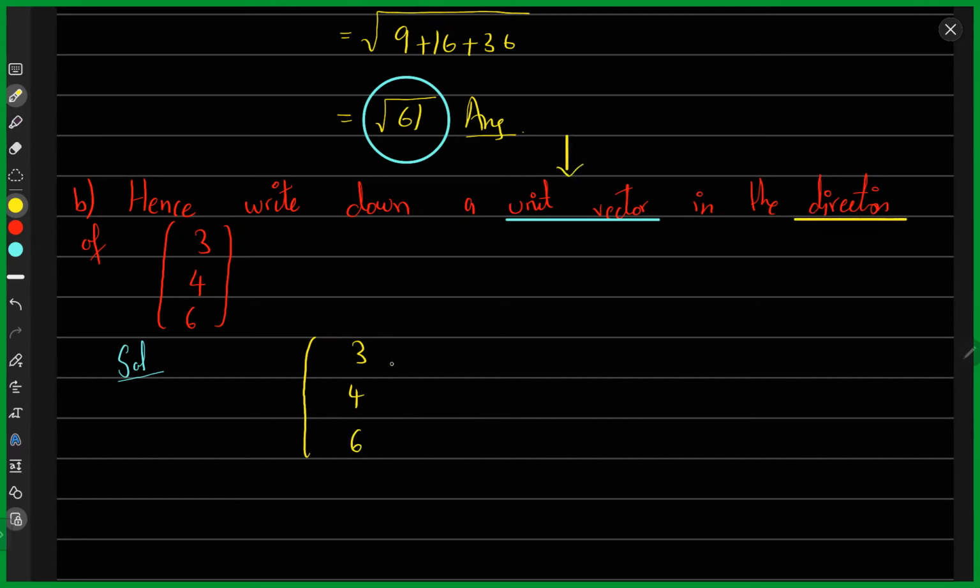So for that, I am going to divide this entire vector by root 61, and this is going to give you 3 divided by root 61, 4 divided by root 61, and 6 divided by root 61. So this is going to be the unit vector in this direction.